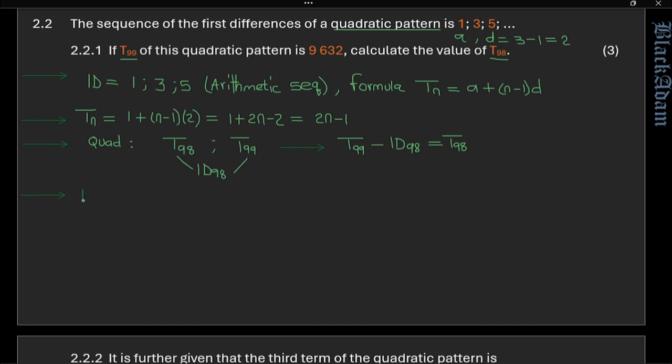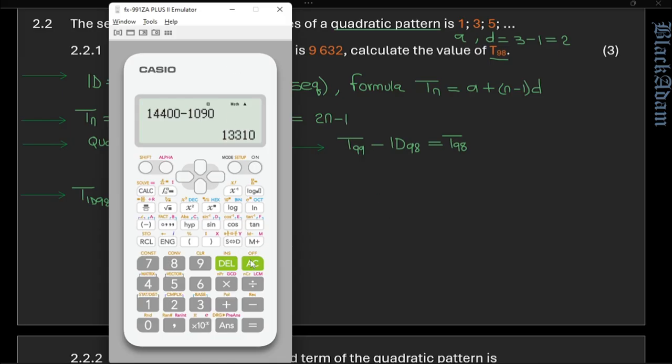Now let us find the term for the first difference at 98. We're going to punch in there 98 in that equation. So it's 2 bracket 98 minus 1. I'm going to use a calculator.